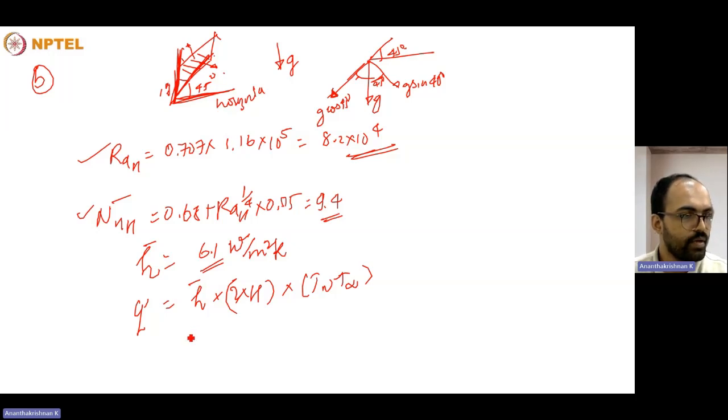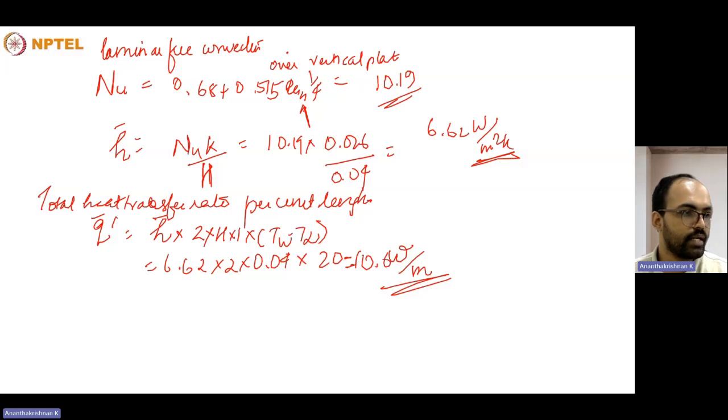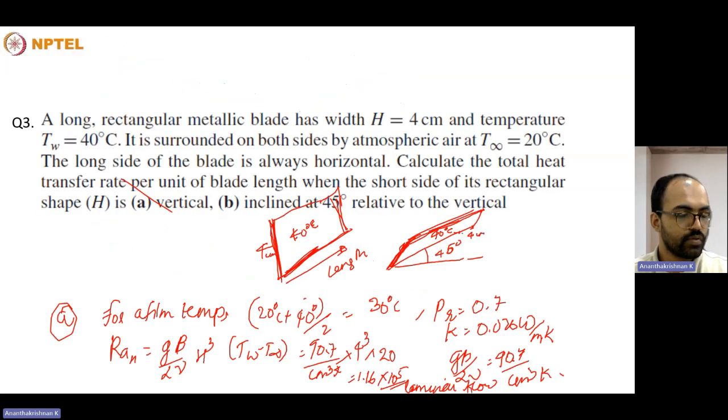So by the same argument, the new heat transfer will be 9.77 watt per meter. So it has reduced slightly from the vertical plate because of the reduction in natural convection that happens because of the inclination, the tilt.